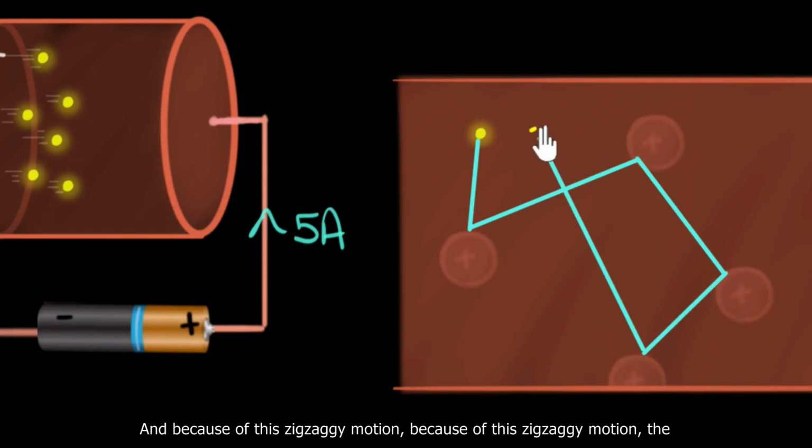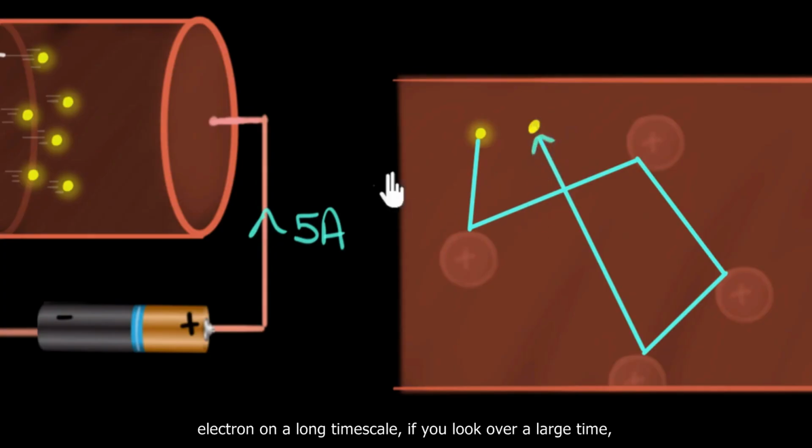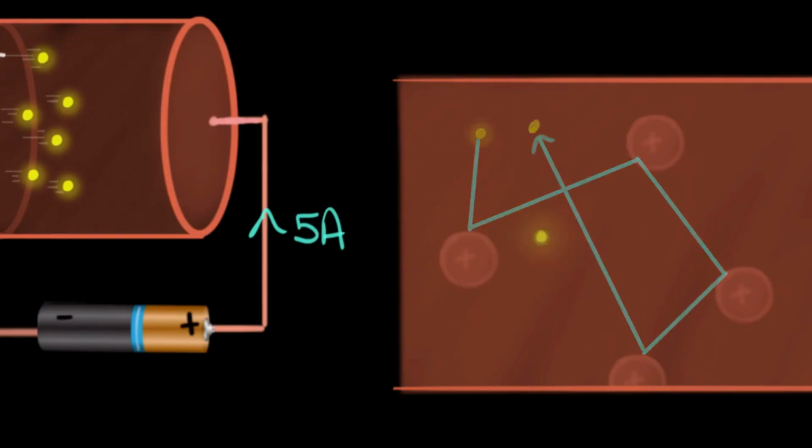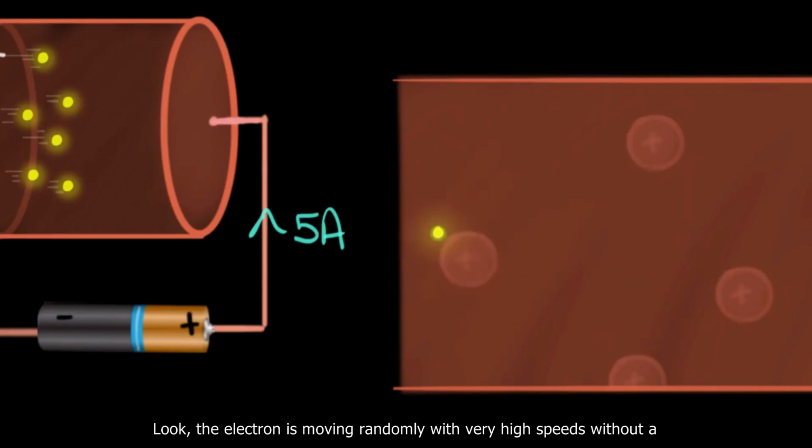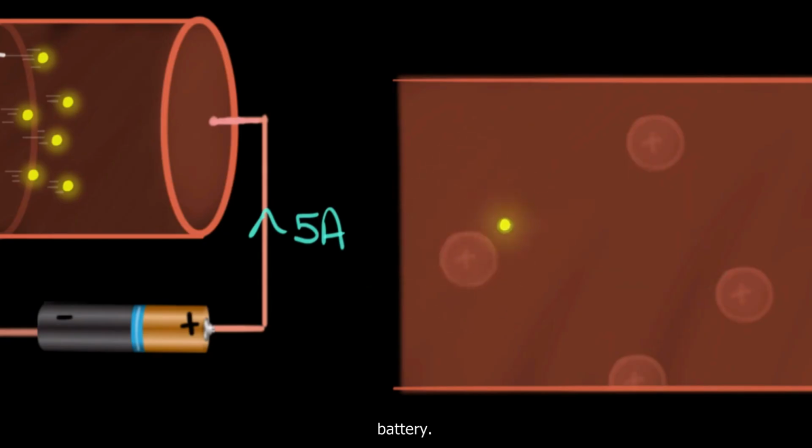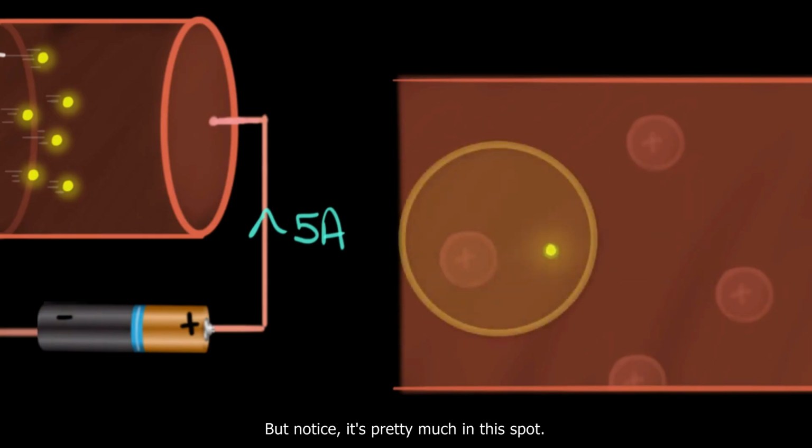And because of this zigzaggy motion, on a long time scale, if you look over a large time, the electron doesn't get anywhere. So here's how I like to visualize it. Look, the electron is moving randomly with very high speeds without a battery. But notice, it's pretty much in this spot. It's not moving anywhere.